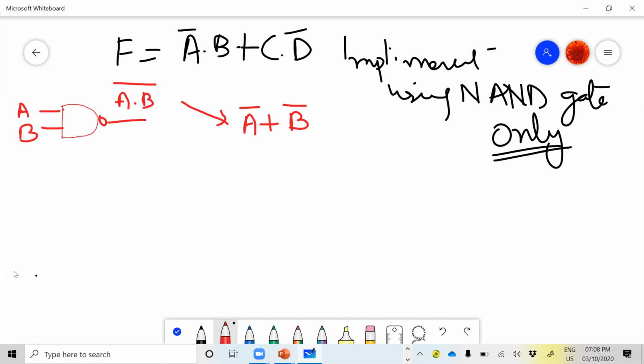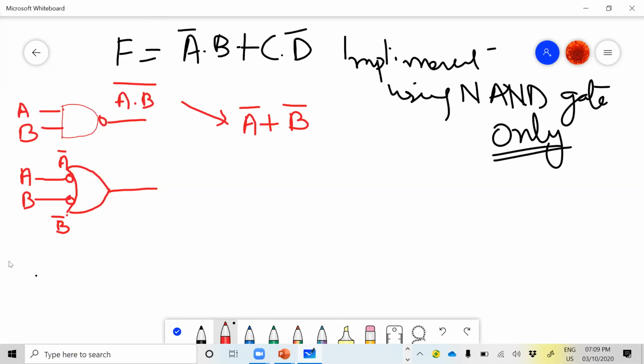I can design a new symbol. Basically, I can make this gate symbol with inputs A and B. The bubble gives the complement, so it's A complement and B complement because of the bubble.